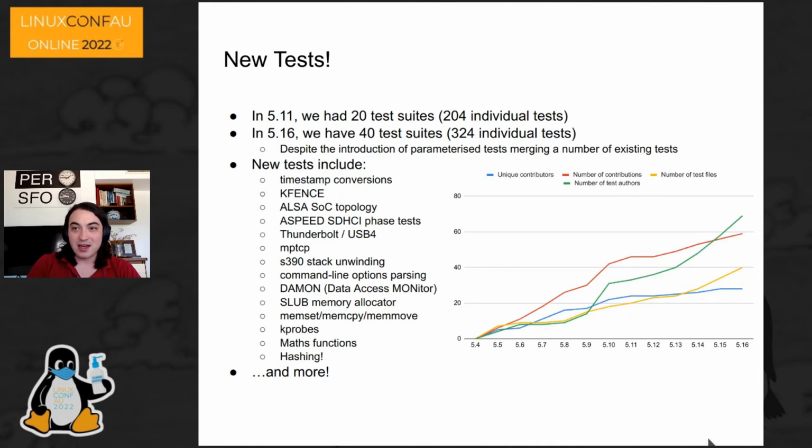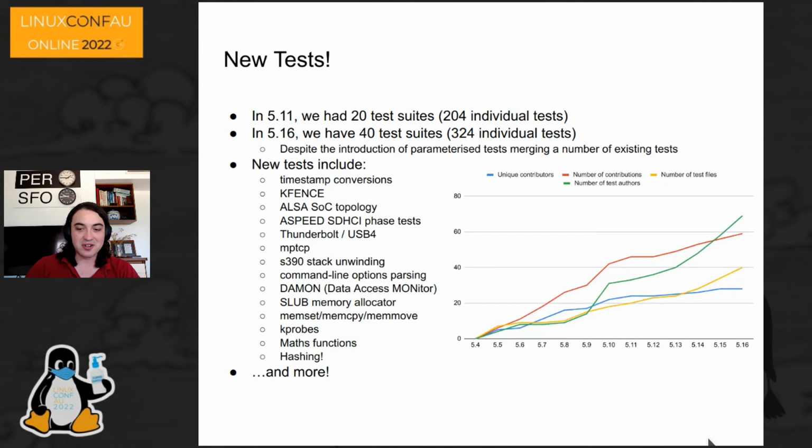But some of these new tests are really neat. I won't go through the whole list, but one of them I want to point out is these timestamp conversion tests for converting from Unix time to civil time. It turns out someone's written this paper of how you can use this frankly terrifying bit of algebra to do this really efficiently.